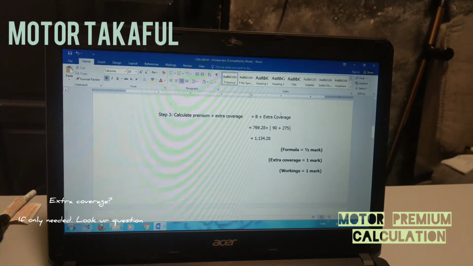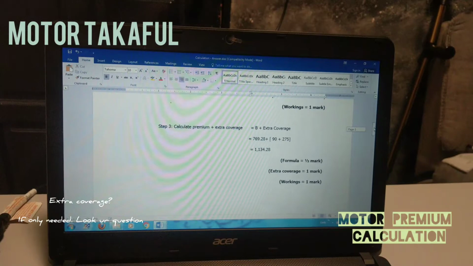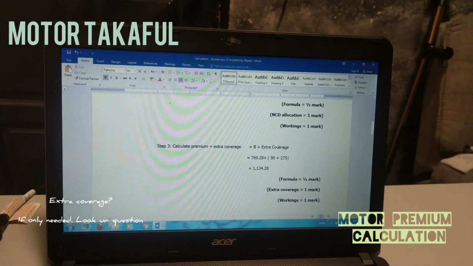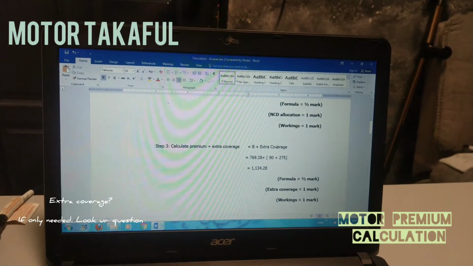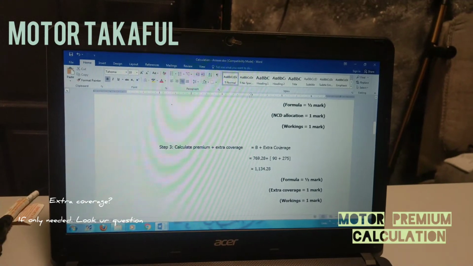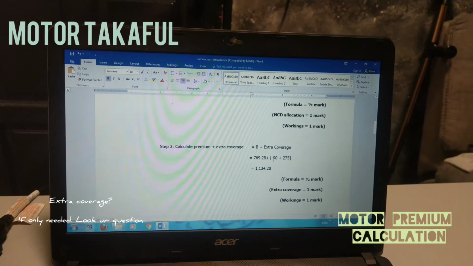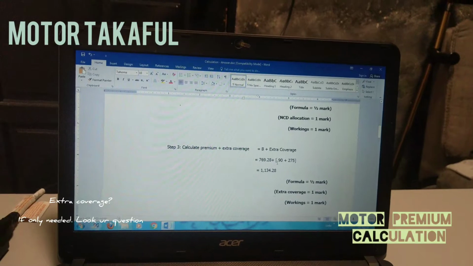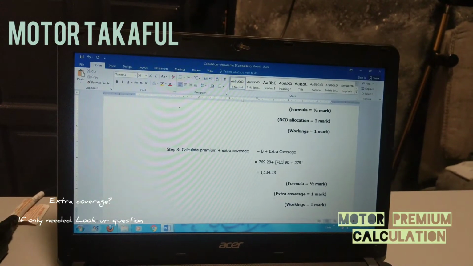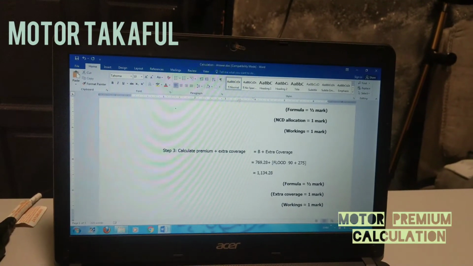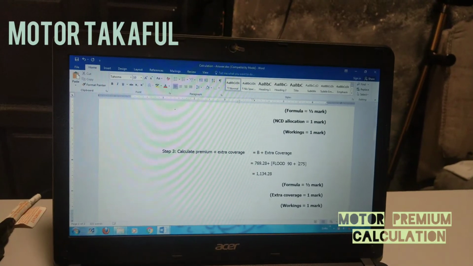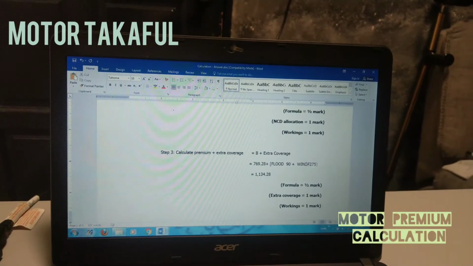So how to calculate? B plus EC. EC is the extra coverage. In this case, the extra coverage taken by Mak Jemaah is on flood and the windscreen, which is 90 ringgit for windscreen, and the 275 is for flood.